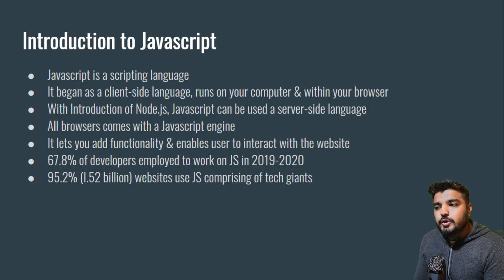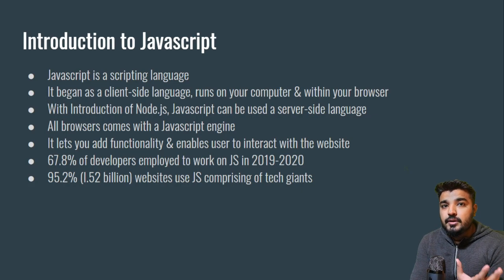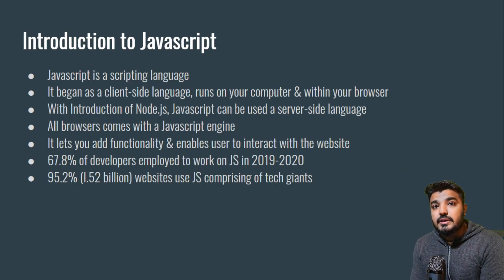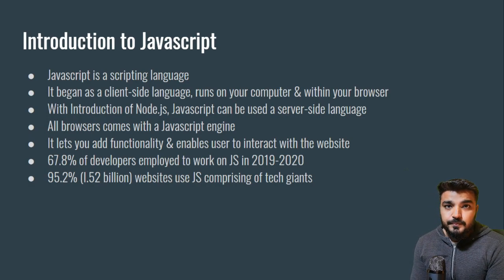And 95.2%, which evaluates up to 1.52 billion websites, are using JavaScript in one form or the other. This percentage does not yet include those frameworks which actually help you build mobile applications in iOS and Android. So 95.2% at a global scale is a huge number.